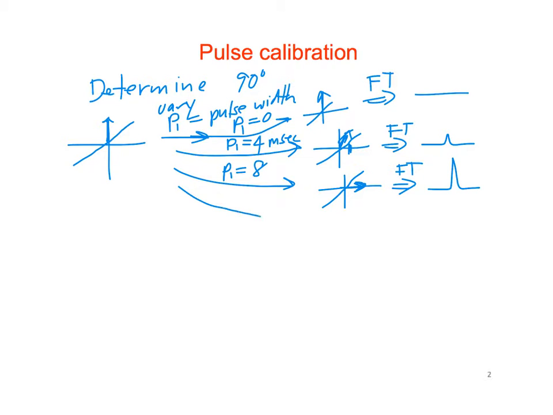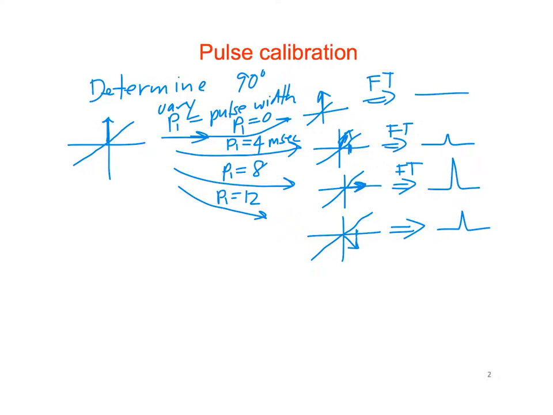We do it longer. P1 equals 12. It's tipped down to here. And now what are we going to get? We still have some component in the xy plane, so it's going to get smaller, right?